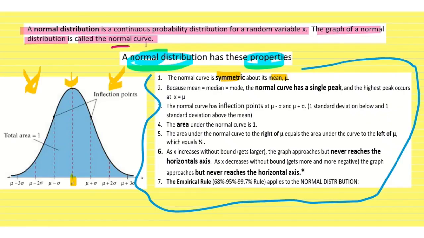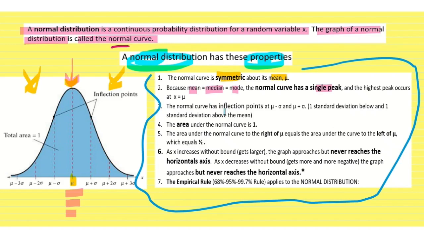We also have the idea that the mean, the median, and the mode are all equal to each other. So because the mean here is also the median, which is also the mode, that means that we're going to have this single peak.